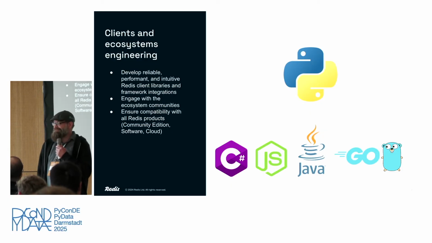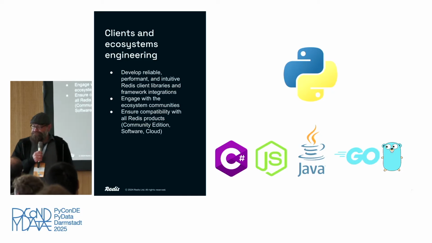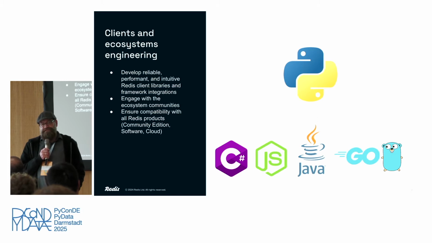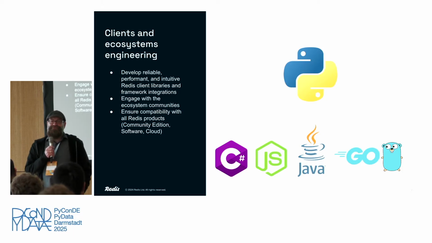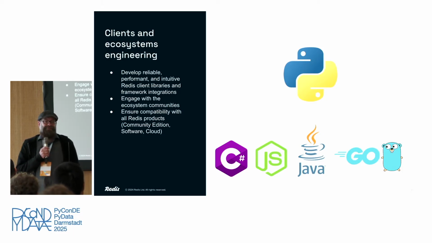So let's talk about clients and caching in a second. Part of the introduction is that I'm part of the clients and ecosystems engineering team. What we do is basically develop client libraries for Redis. For you guys, for instance, redis-py. Who of you knows redis-py? Some of you. I guess most of you use Redis just as part of your normal frameworks, like in Flask caching or whatever.